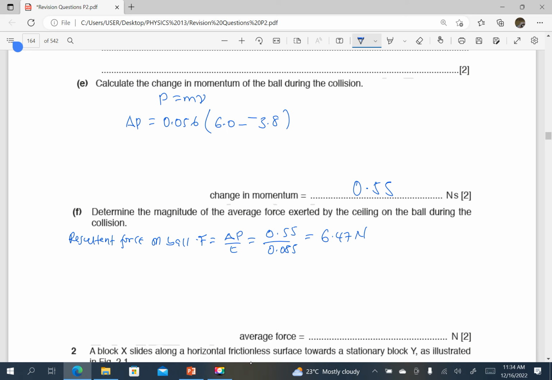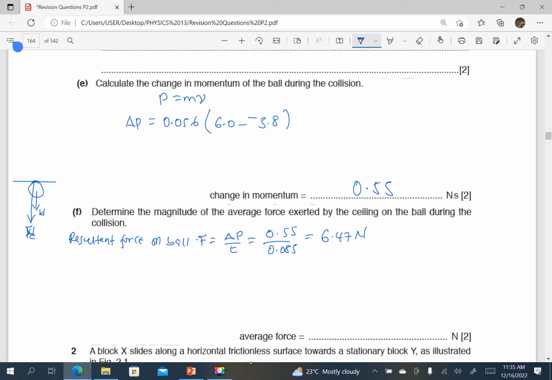But remember, when the ball is hitting the ceiling, there are two forces acting. Number one, the force exerted on the ball by the ceiling, and number two, the weight of the ball. They act in the same direction. That means the resultant force is equal to the sum of these two forces.